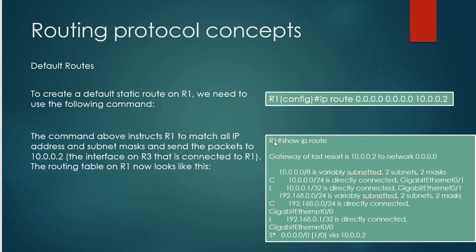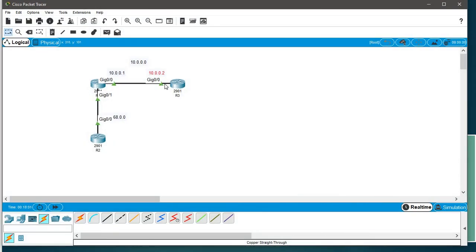To check this in Router 1, we use show ip route. The gateway of last resort is 10.0.0.2 to the network. All this network information starting from 10.0.0.0 is routed to this interface, which means it's going out to this network.